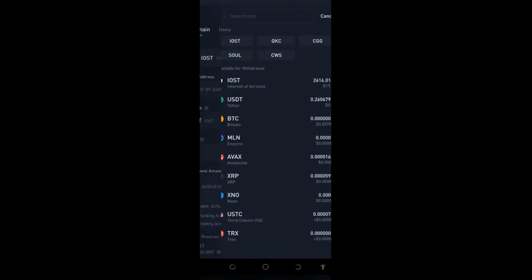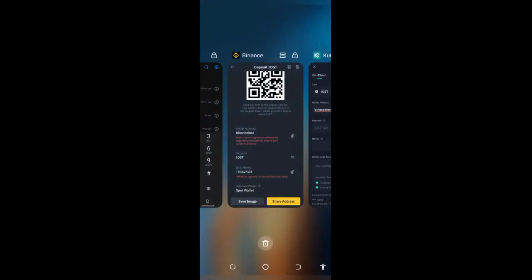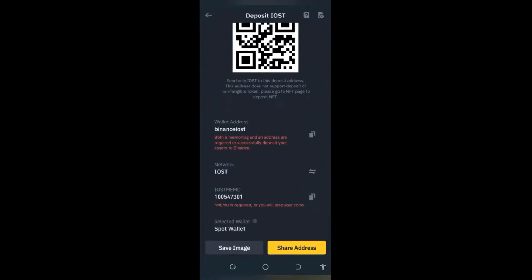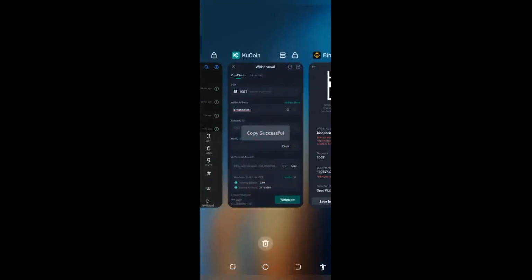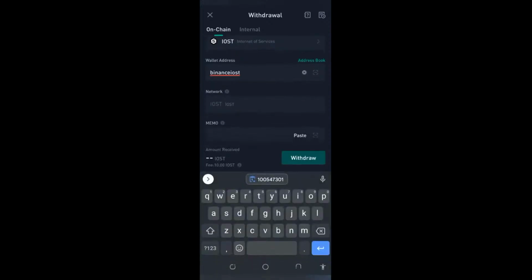Okay, it looks like it's right. Binance IOST. Then we get the memo. Where's the memo? IOST memo. All right, so we get the memo. Get back in there and we paste the memo.